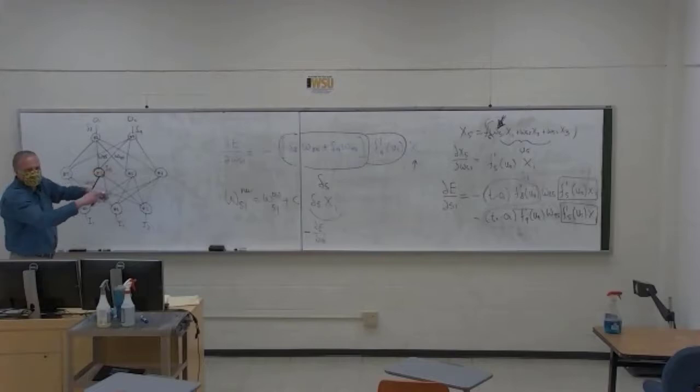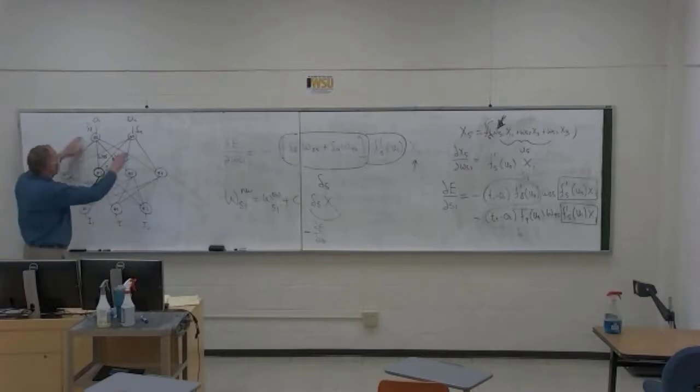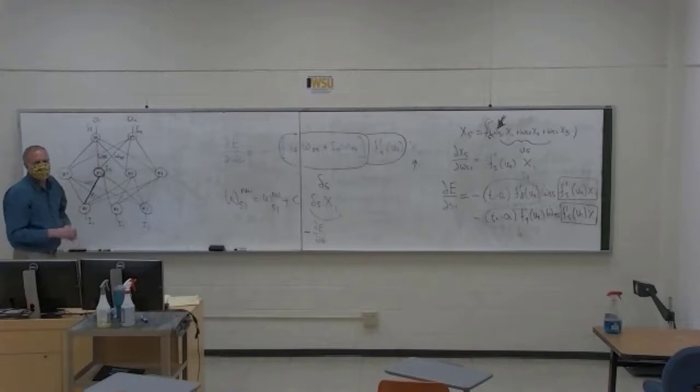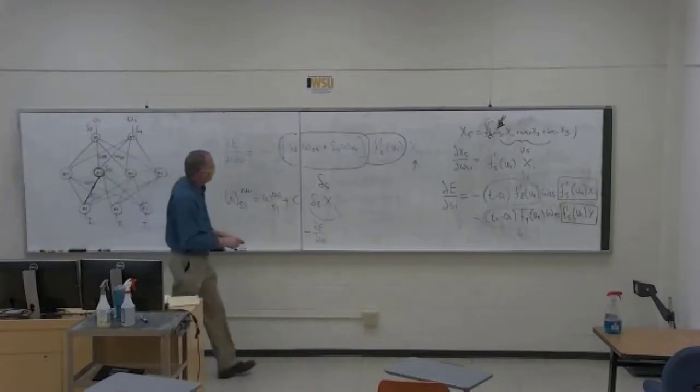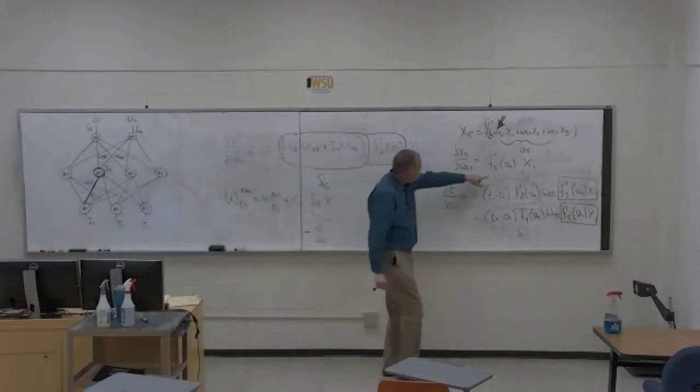So if you name these like this, and this was the thing that Rumelhart and McClelland popularized, they said, hey, name these things like this, and then you can just calculate deltas all the way back and use this simple formula, and you're good. So you don't have to remember all the chain rules and derivatives and all that. All you do is calculate the deltas according to the formulas.